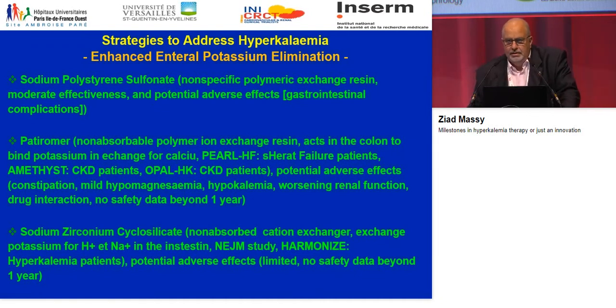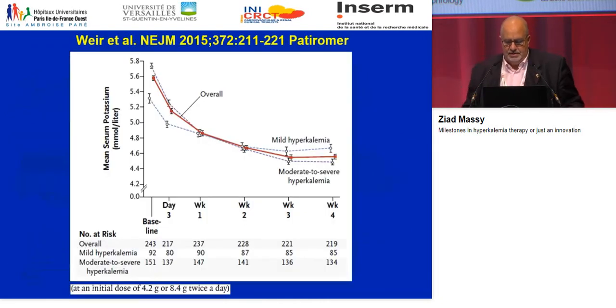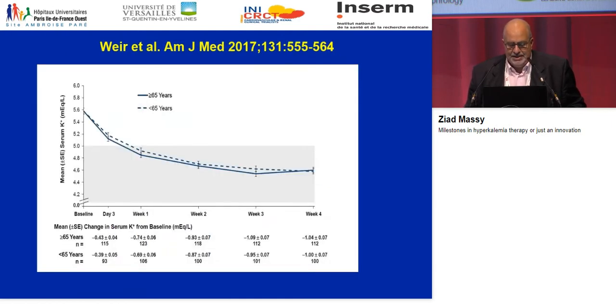I show you a few examples of the efficacy of these drugs. This is a patiromer study published in 2015 by Matthew Weir, showing that after 1 day maybe, you have a decrease of potassium level, and then it continues to decrease until it stabilizes at 3 to 4 weeks of treatment. He wanted to check if there are differences between aging and non-aging populations.